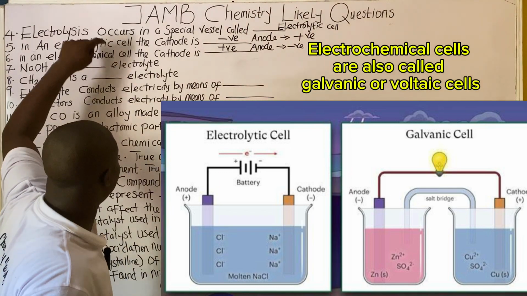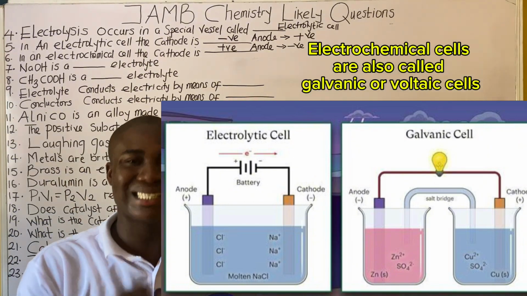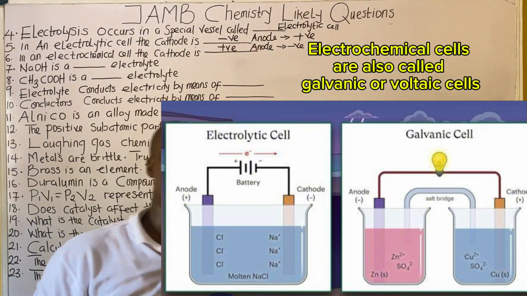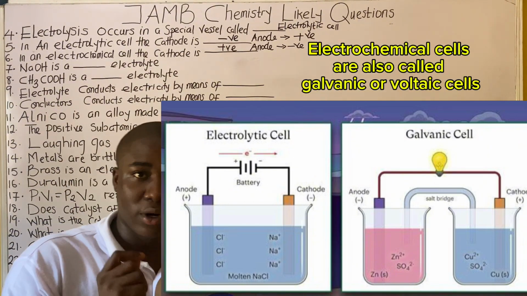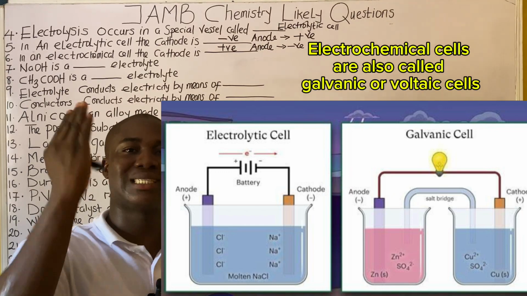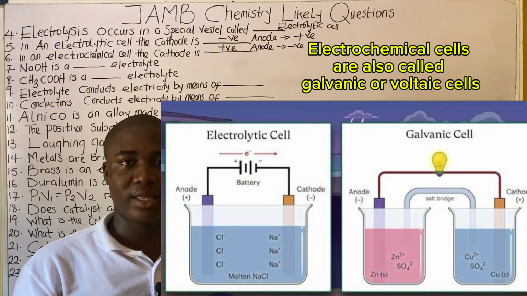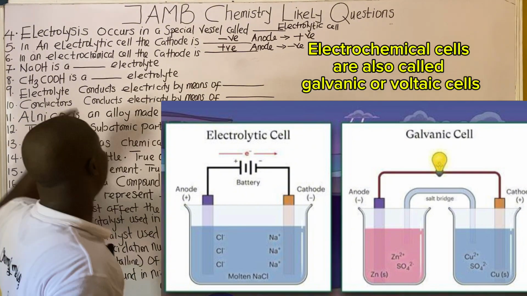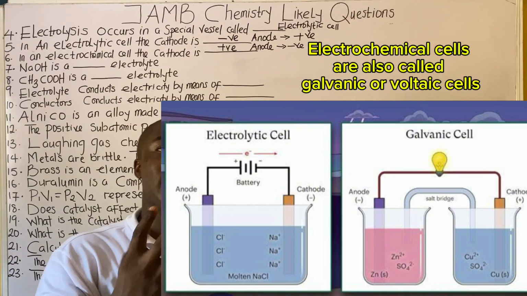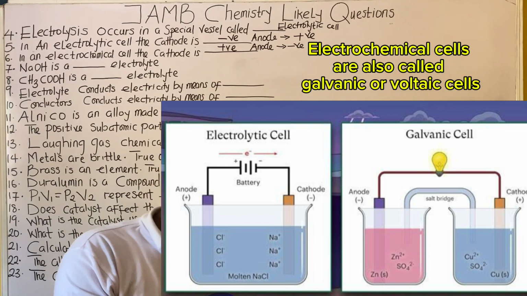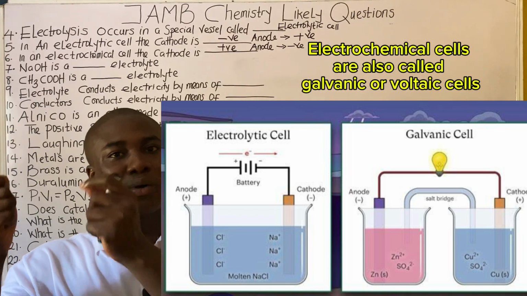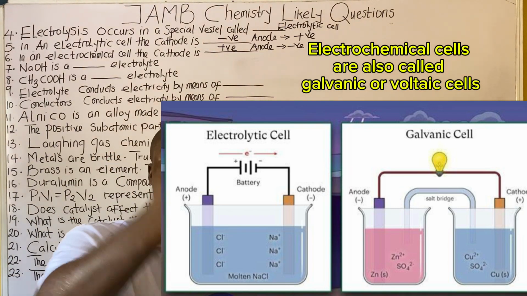Like for the electrolytic cell, they convert electrical energy to chemical energy. Electrochemical is the direct opposite. They convert chemical energy back to electrical energy. So all of these must be noted. In an electrolytic cell, they require current to function. But for electrochemical cells, they produce their own current.